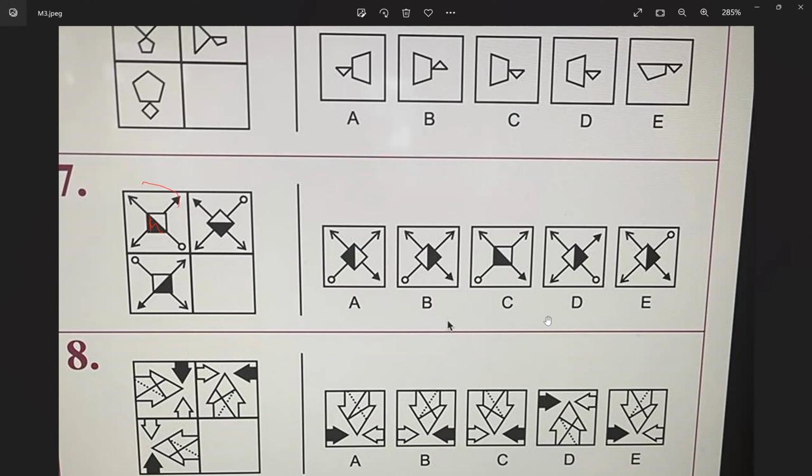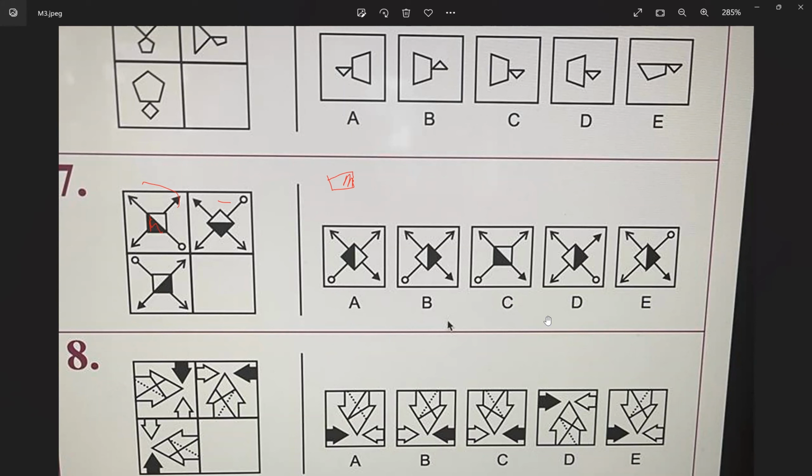It won't be in the shape of a diamond. So first rotate the arrows, it'll look like this, and then after that you have to rotate the square as well, separately, so that you get the correct shape.